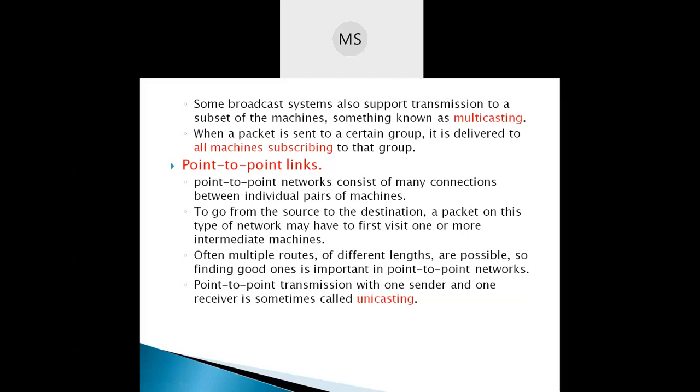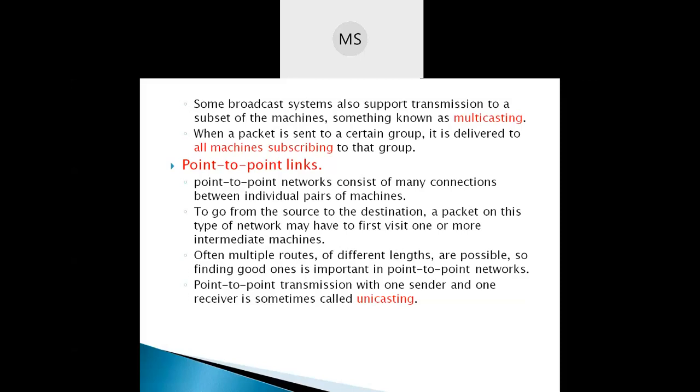When it comes to point-to-point links, networks can be classified in two different dimensions. One dimension is transmission technology, another is scale. Based on the transmission technology, networks are broadcast networks and point-to-point networks. In broadcasting, all the systems are connected to a single communication channel, and data is transmitted there.